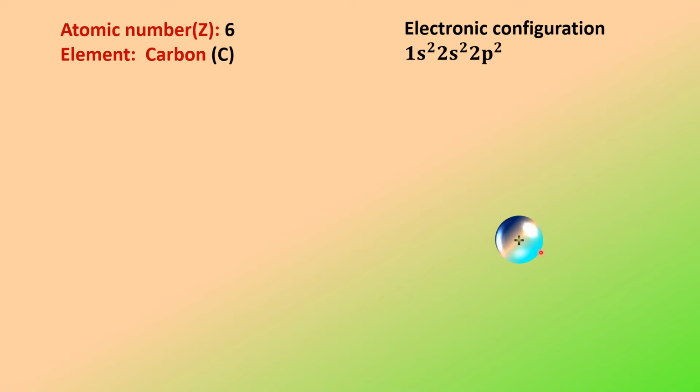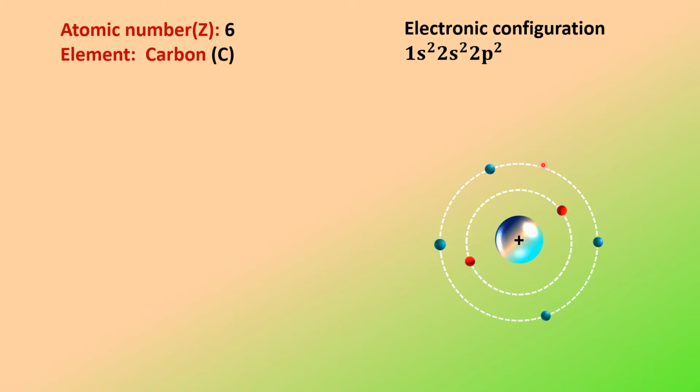So this is the sphere. First shell, second shell. First shell contains 2 electrons. So these are the 2 electrons. Second shell contains 2 plus 2, 4 electrons. 1, 2, 3 and 4.